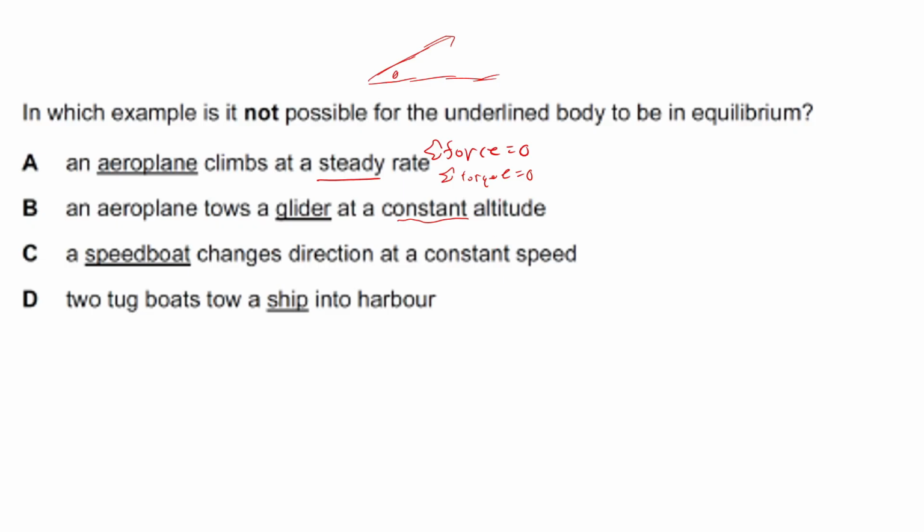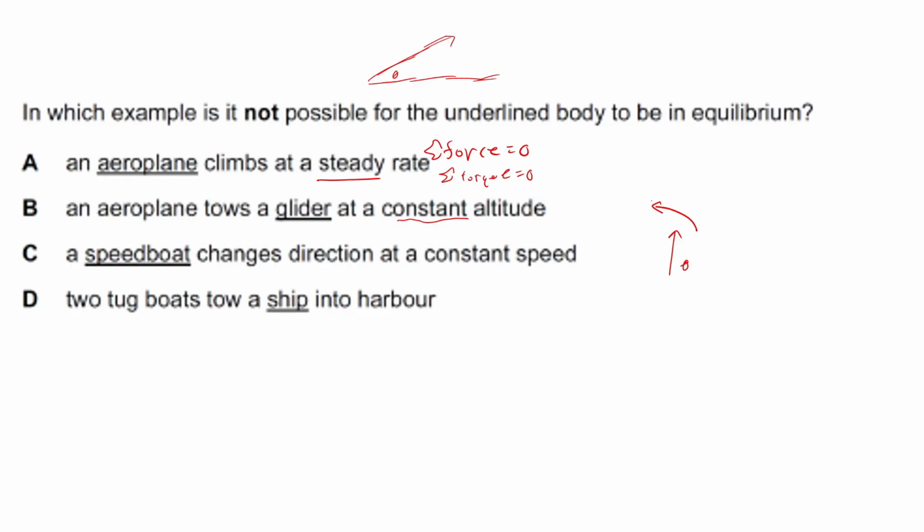Where C, a speedboat changes direction at a constant speed. Alright, so this actually cannot be in equilibrium, simply because it cannot change direction without a force. This just means that if we have a boat, there's some force that is going like this and changing the angle of the speedboat.